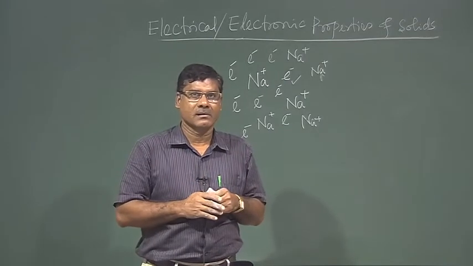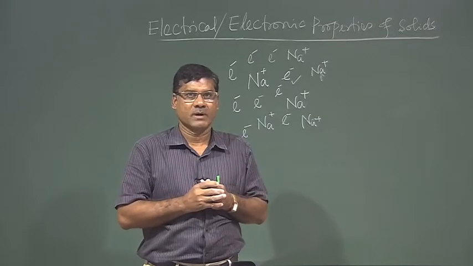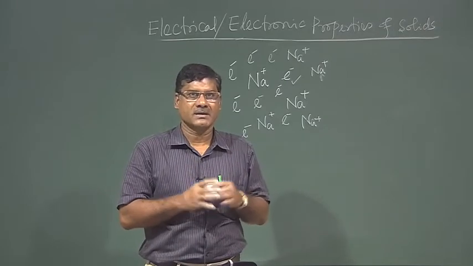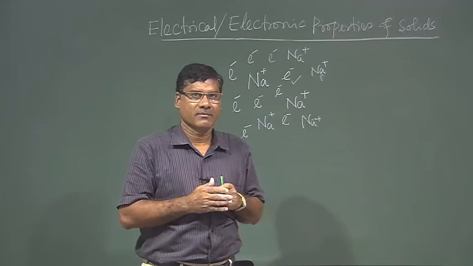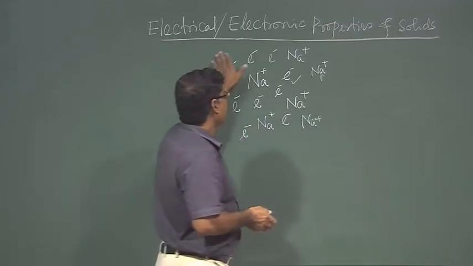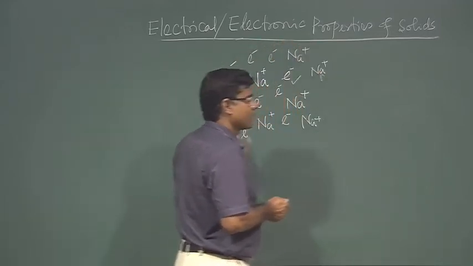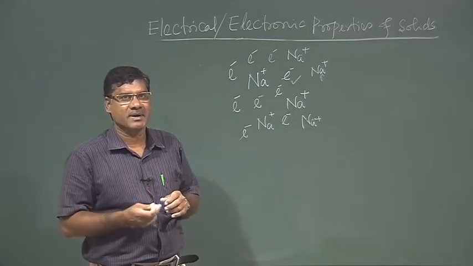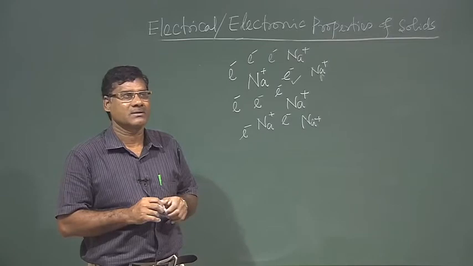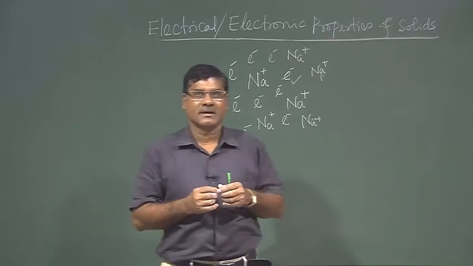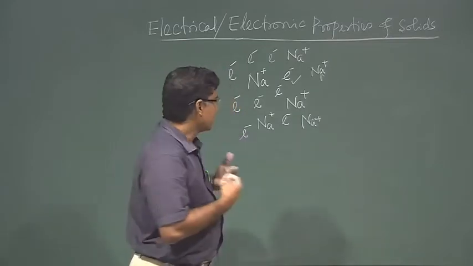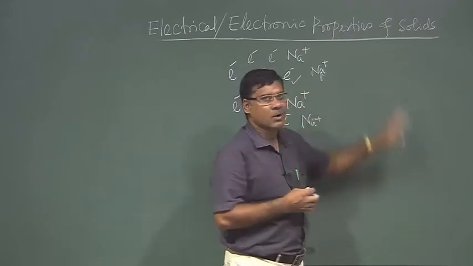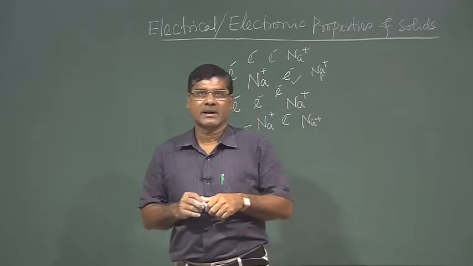Based on that model we make assumptions, derive relations, and check whether those relations satisfy the experimental results or not. If they satisfy, then we say that the assumptions in the model are correct.